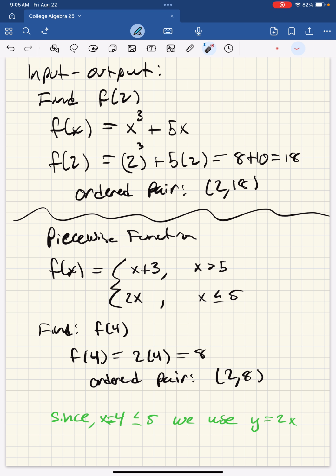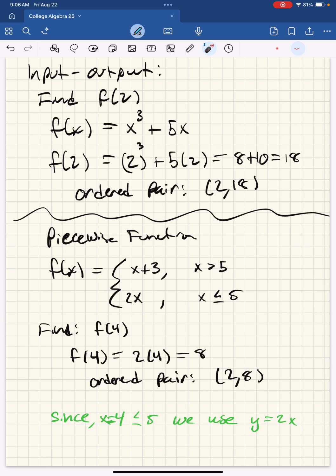You would read this as f of x is x plus 3 if x is greater than 5. F of x is 2x if x is less than or equal to 5. So remember that there will not be more than one y value paired with an x value for a function.